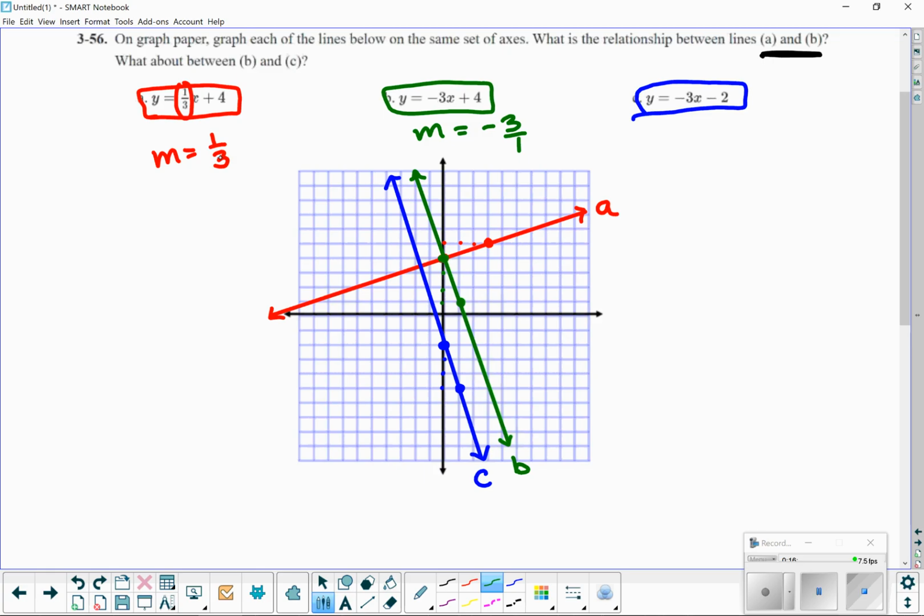You look at 1/3 and 3/1. That's a yes. So now when we look at line A and B, the red and the green, we can say that these are perpendicular to each other, meaning you can draw a right angle right there at the corner. So I can say line A and B are perpendicular.